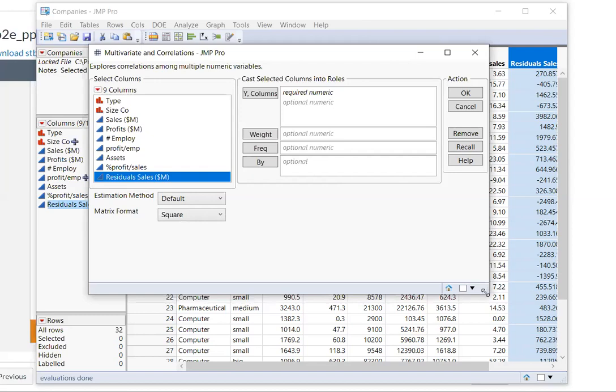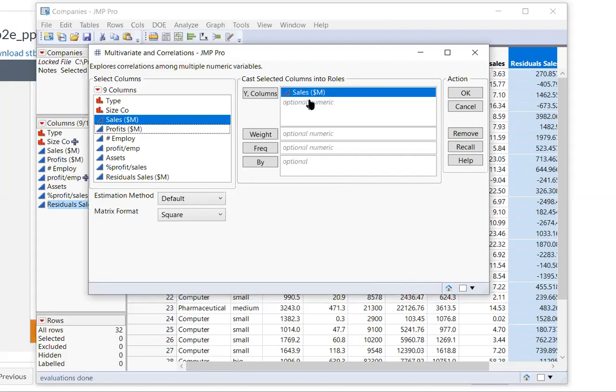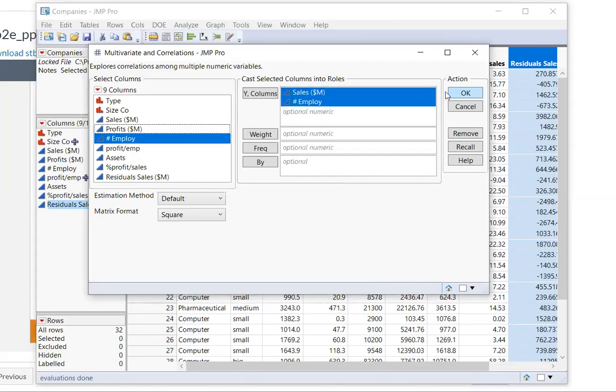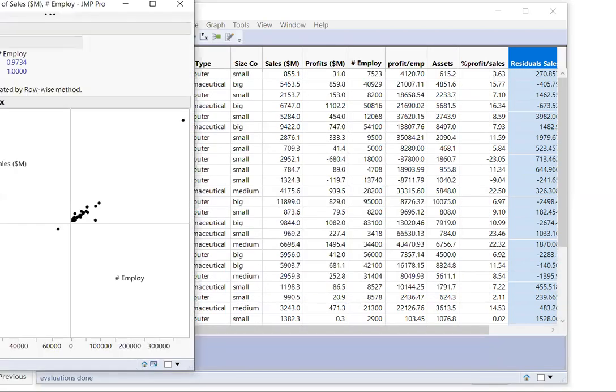If you don't have a big set of data, we minimize removing outliers as much as possible. In this case, we have 32, so maybe we just remove 2 or 3 data points. I want to see the relation between sales and number of employees. They both, IV and DV, go to Y columns. Click OK.